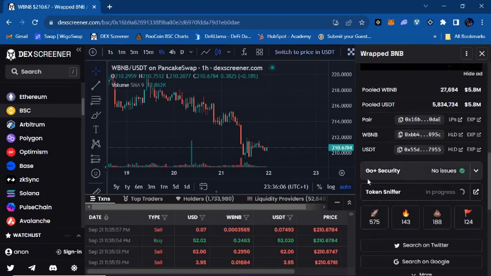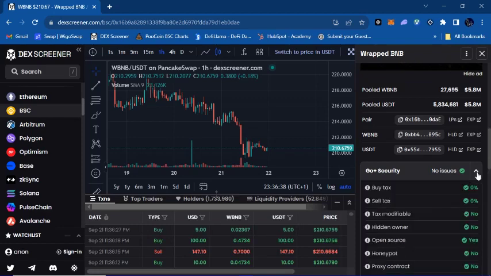So now, as you can see, GoPlus Security, no issues. Now, this is one feature that I know Dexscreener recently added. Before, Dexscreener just kept links to Token Sniffer, to PooCoin, and to other DEX security websites where you could check the security level of a particular pair that you want to trade.